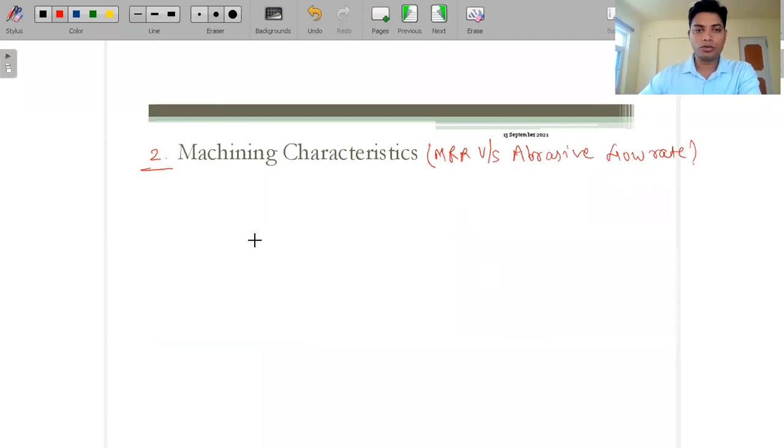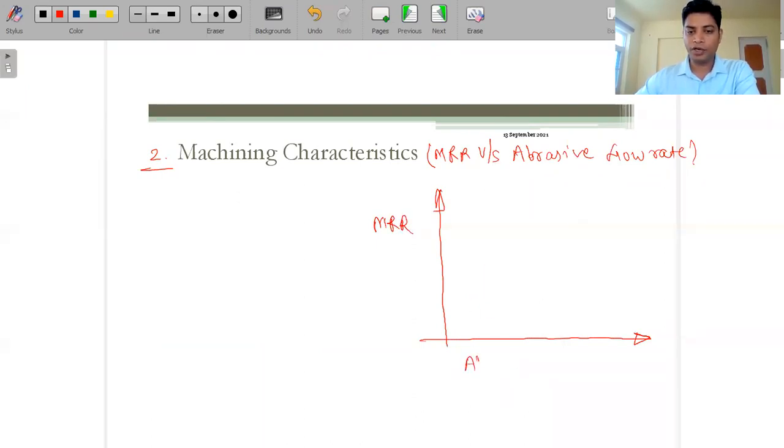So the same thing: this is the material removal rate and this is the abrasive flow rate.